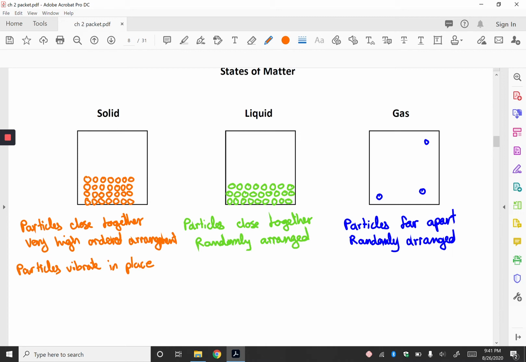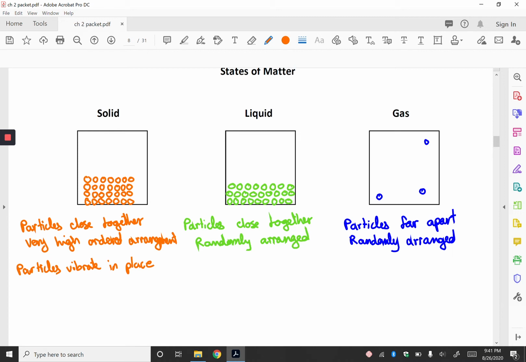And so you're close to each other, you're in this nice orderly pattern, but let's say I tape you to your chairs. So you're still able to move your arms around, you're able to move your legs around, but you're not able to get up and move around each other. And so same thing with solids here, they're able to move around, but they're stuck in their spot. So they're vibrating in their place.